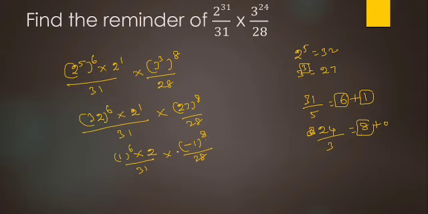Okay. So 2 into 1, the answer is 2 itself. So in this case you get 2 by 31 into 1 by 28. So 2 into 1, the answer is 2 alone. So now the remainder is 2 in this case.